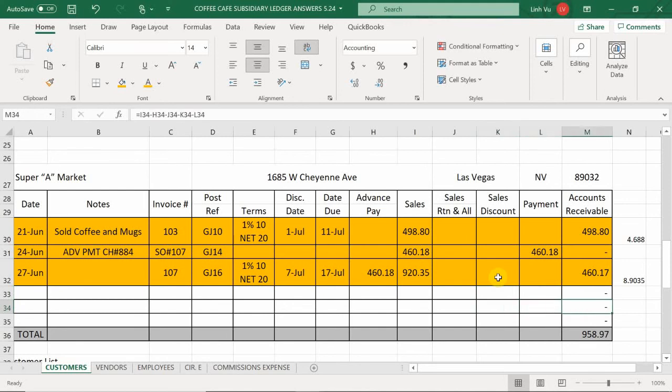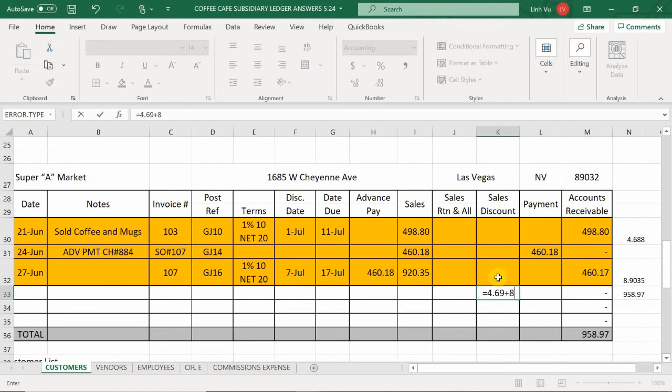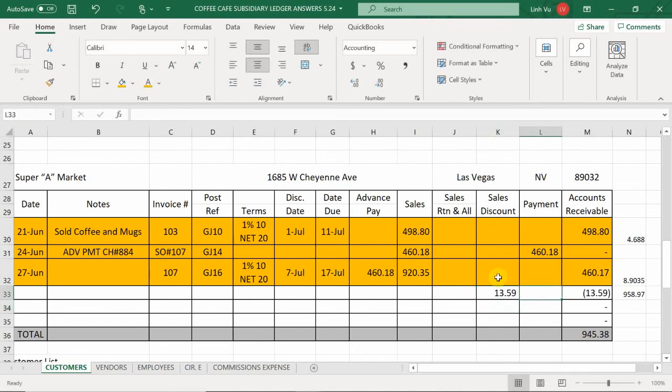Okay, so this was $4.69 plus $8.90. And the total amount was $958.97 minus the 13.59 should be $945.38, which gives you zero that Super A Market owes you.